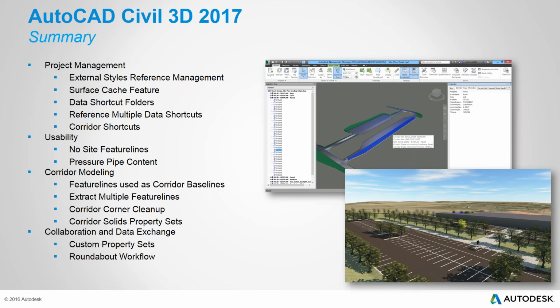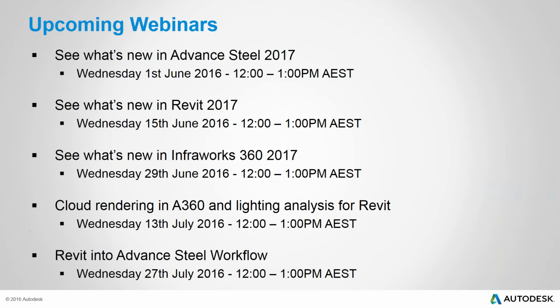AutoCAD Civil 3D 2017 continuous improvement and expanded toolsets support the BIM philosophy at Autodesk. Civil 3D completely supports the efforts of many designers to go beyond paper into a truly dynamic model-based environment.